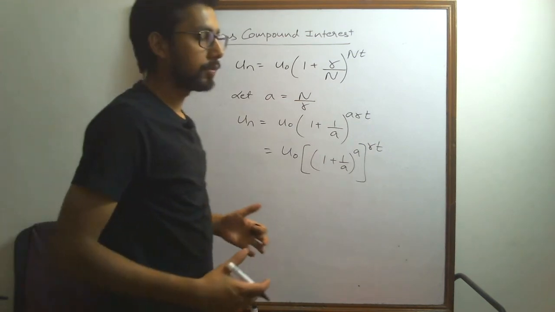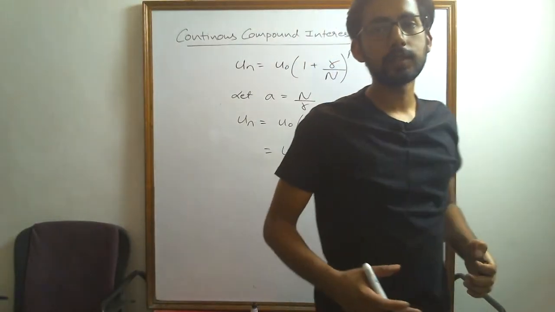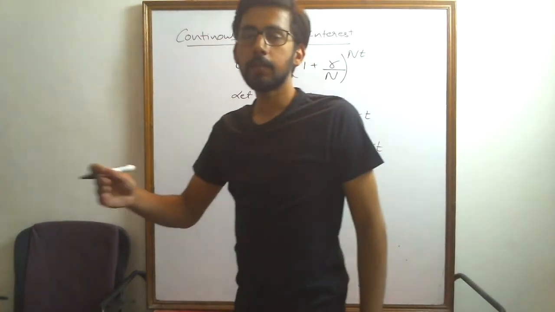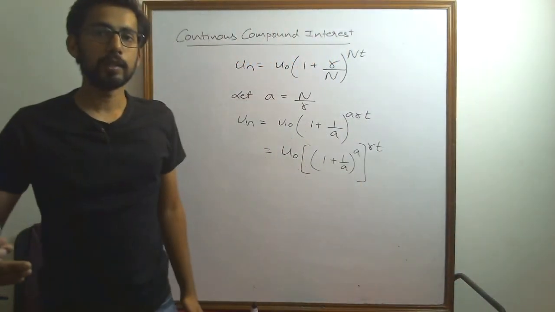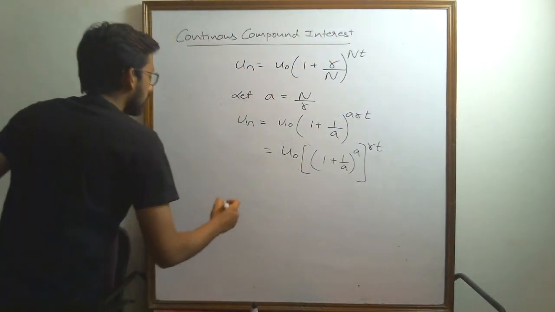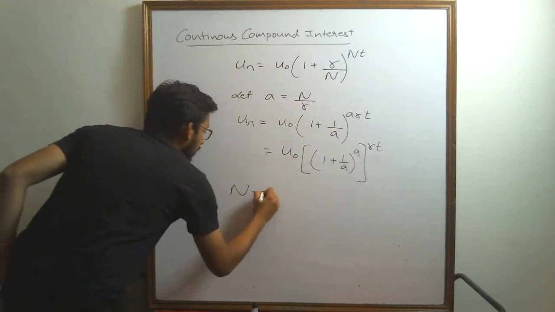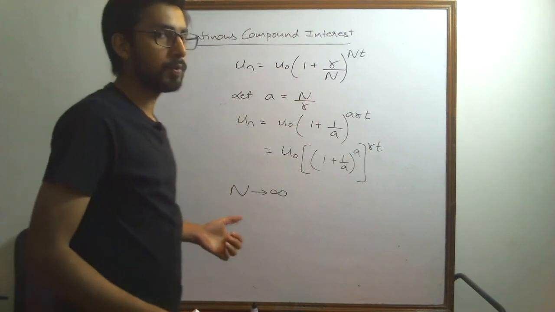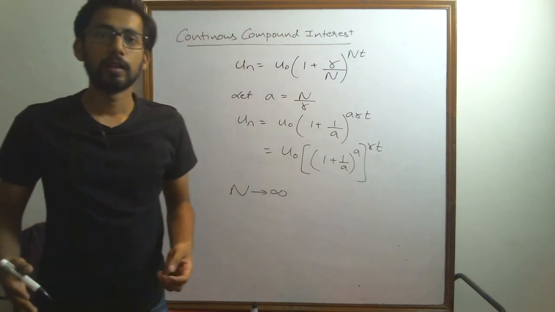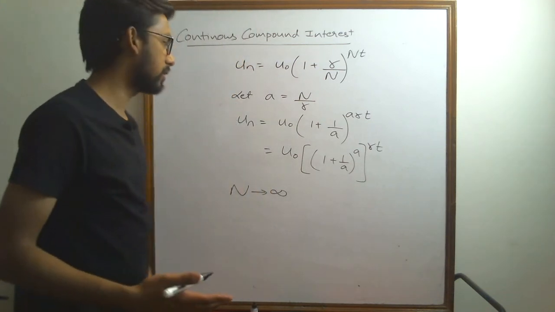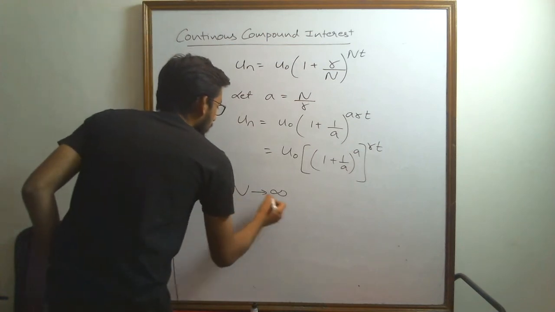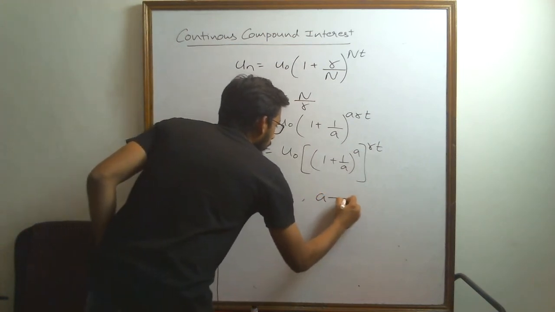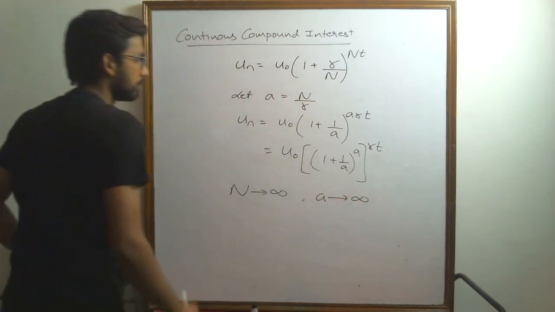Now, in the case of continuous compound interest, the interest being paid is every moment. That means capital N is tending towards infinity. Now, in this case, we have to apply limits, as N will tend to infinity, a will also tend to infinity.